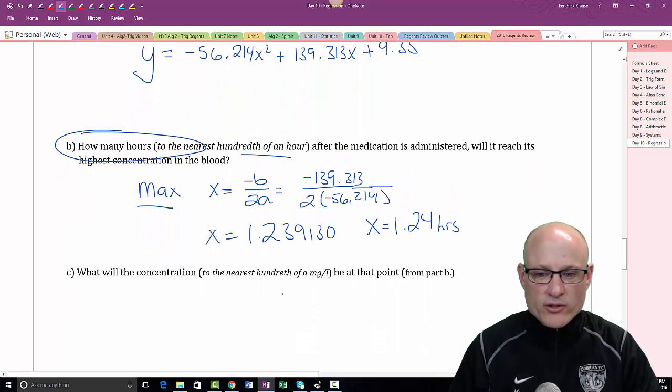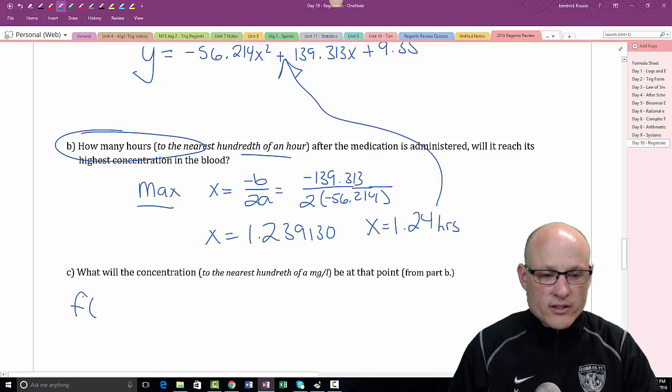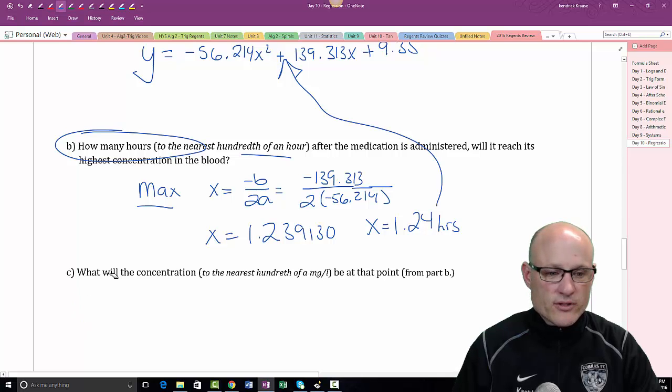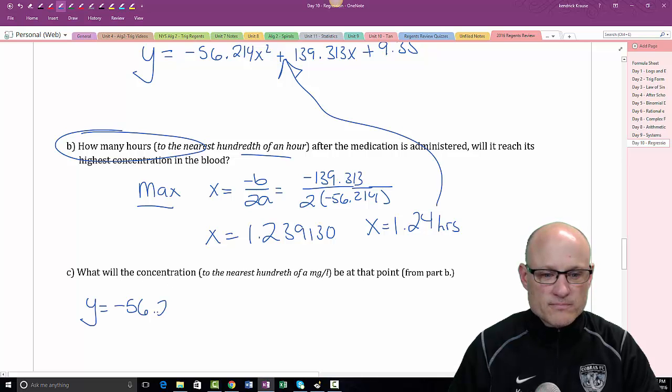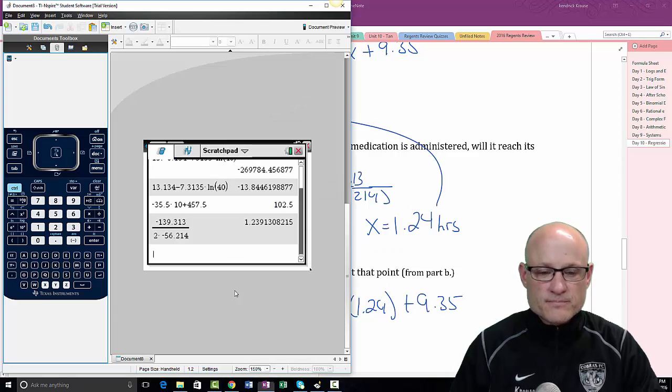What will the concentration be at that point? So what we're going to do is take this and plug it into this equation. We're just going to plug this in for x. So y equals negative 56.214 times 1.24 squared plus 139.313 times 1.24 plus 9.35.